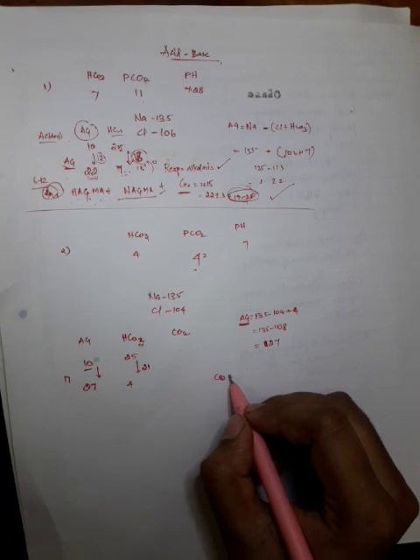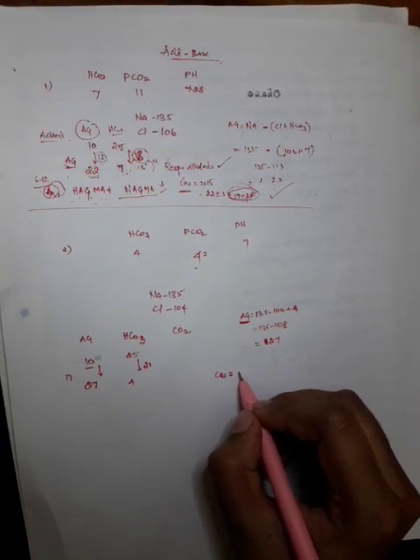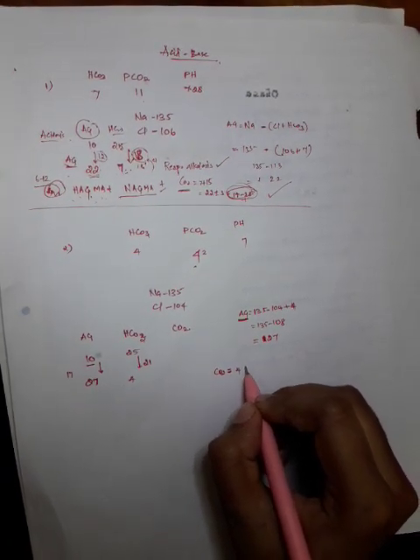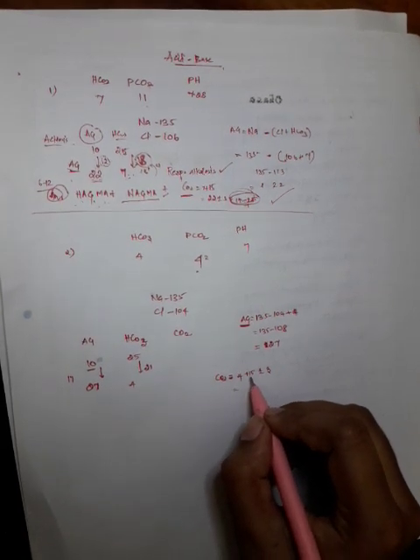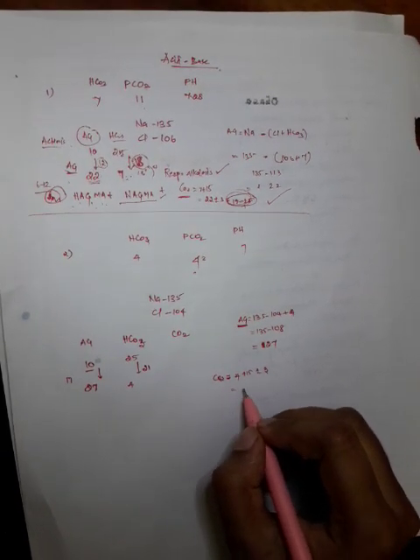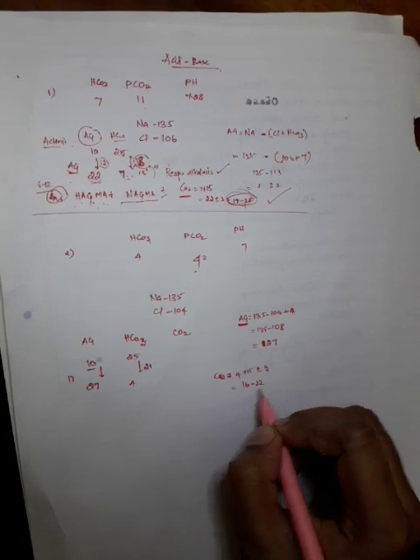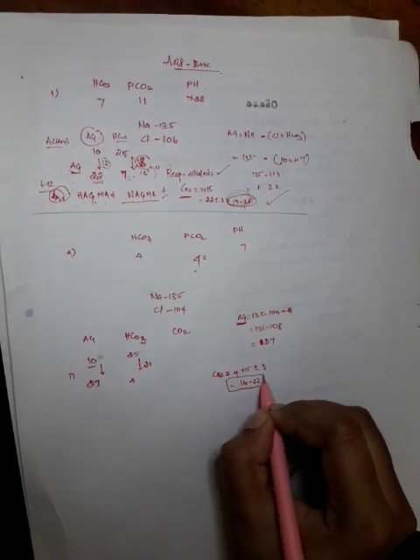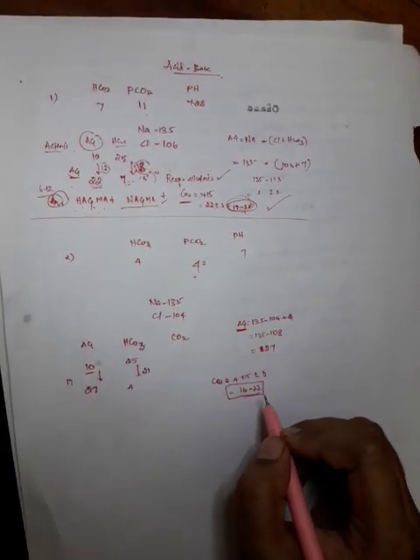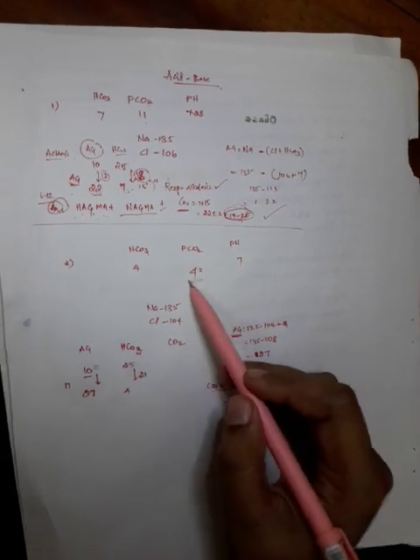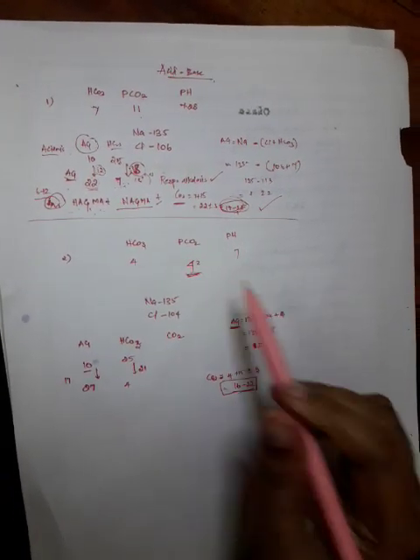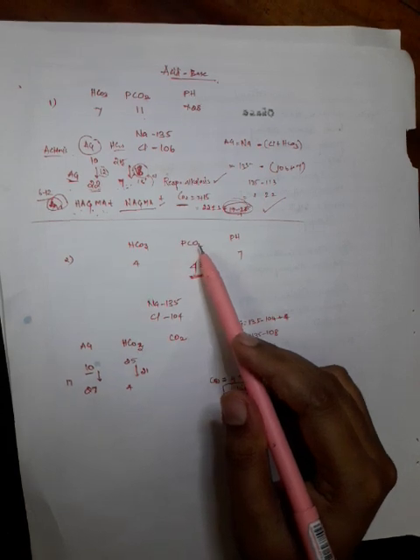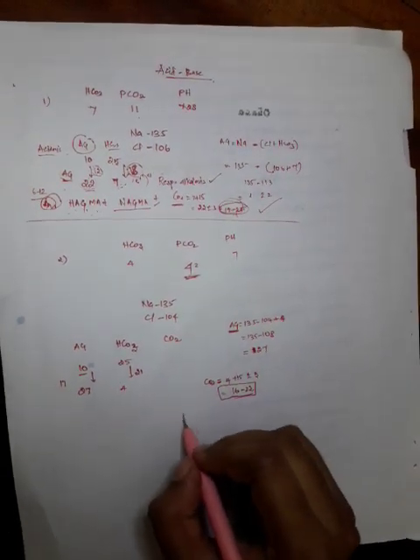So 4 plus 15 is 19 plus or minus 3, that is 16 to 22. That is the expected carbon dioxide. But the given carbon dioxide is 42, which is above the value. Carbon dioxide is acid, so if it is above, it means respiratory acidosis.